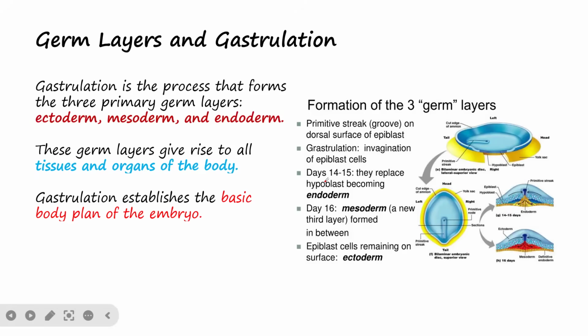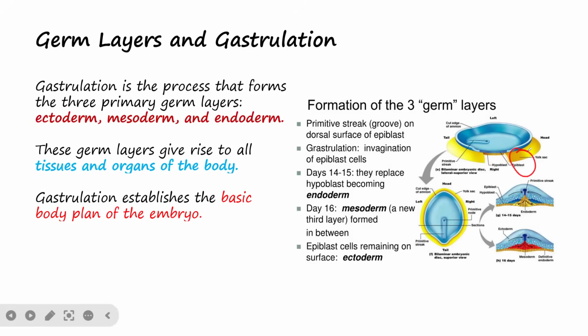So let's see. The formation of these three germ layers also occurs at different intervals. The primitive streak is a groove on the dorsal surface of the epiblast. As we can see, this is the epiblast here.